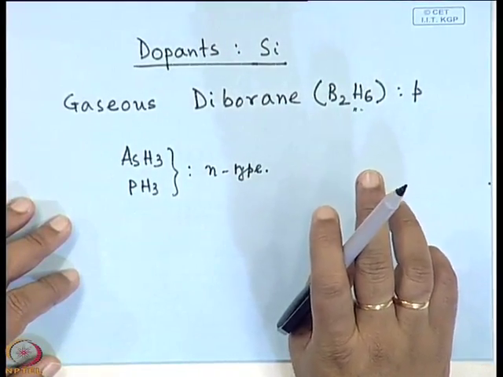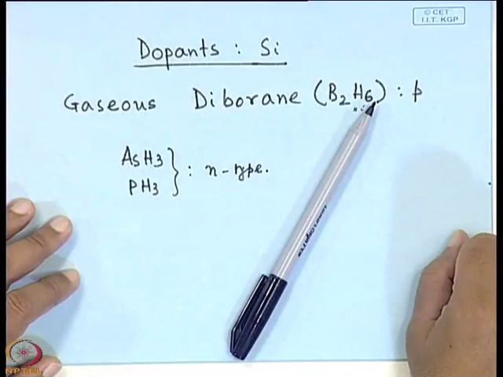Why is dilution required? Dilution is required because of two reasons. One reason is that, no, not for toxicity, it is to control, because we have seen in our bulk crystal growth that a very minute amount of this material is required.